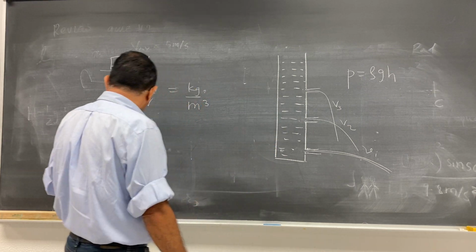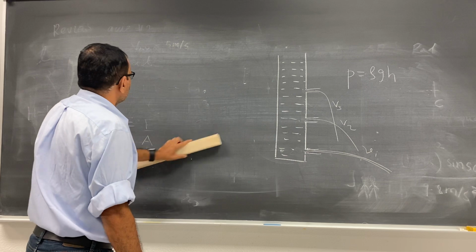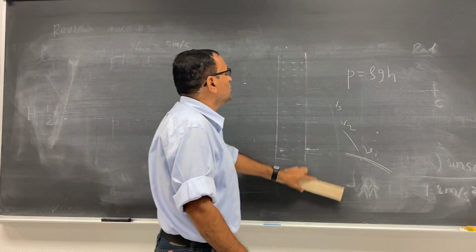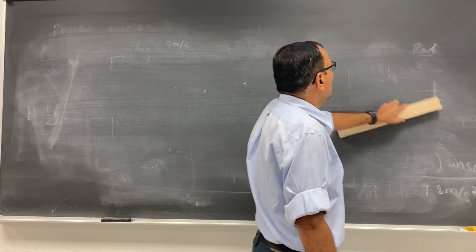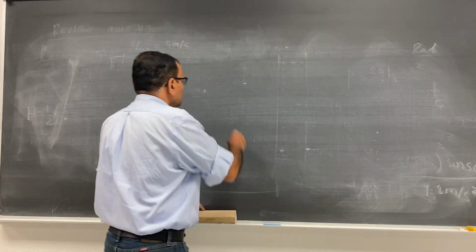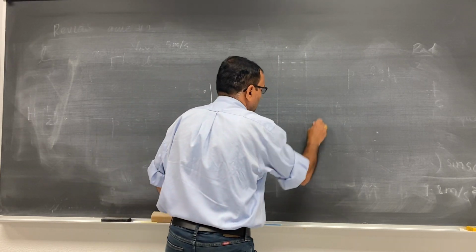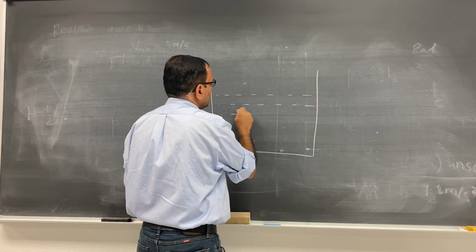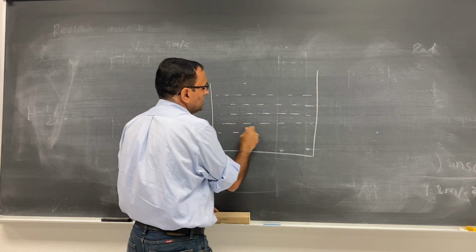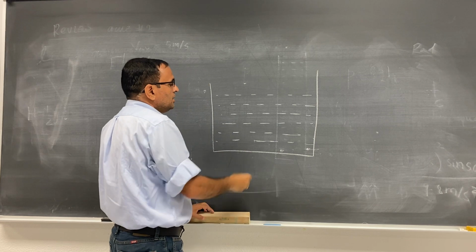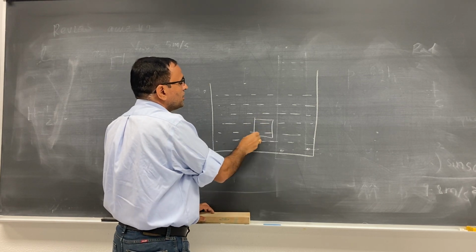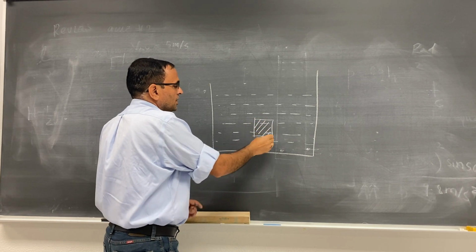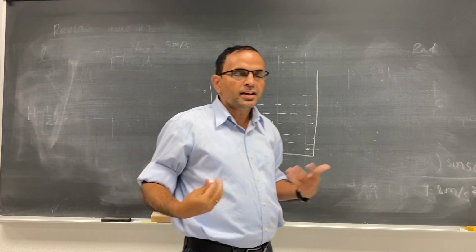And another thing you need to know is the buoyant force. What is buoyant force? Buoyant force is an upward force. If you have an object, there is a liquid, and the object is right there, for example, does this object experience any buoyant force?